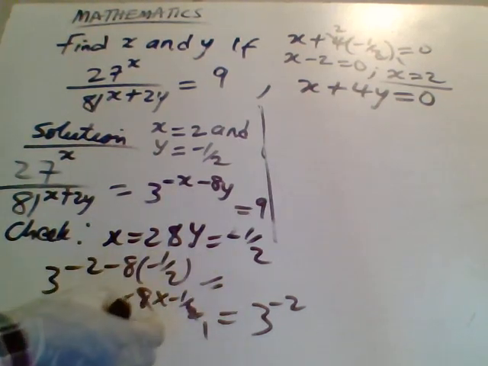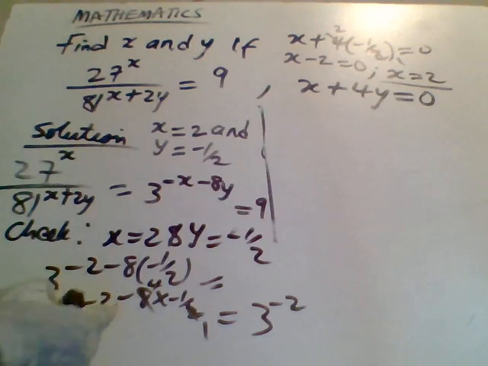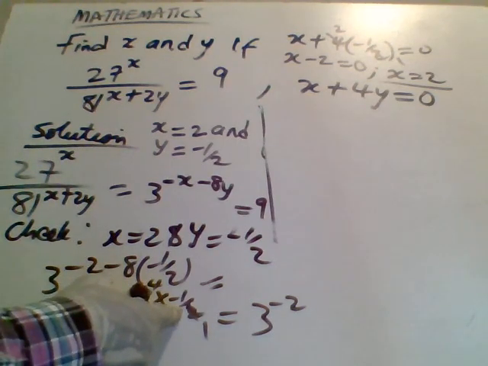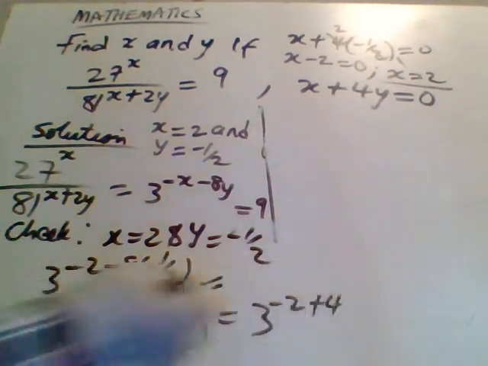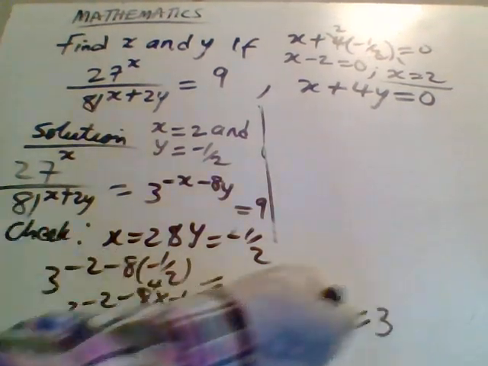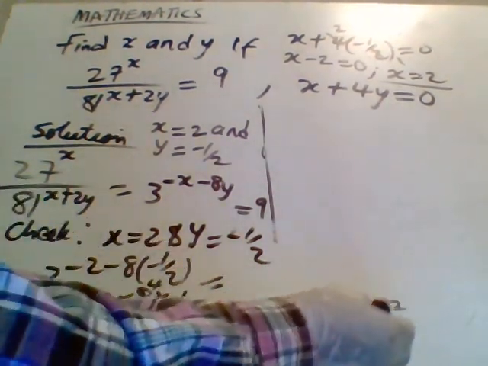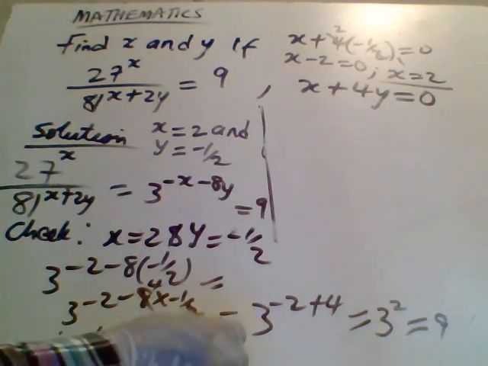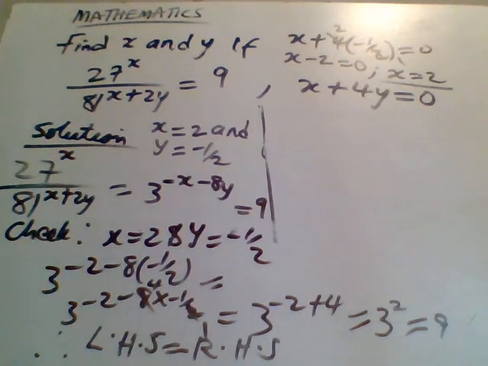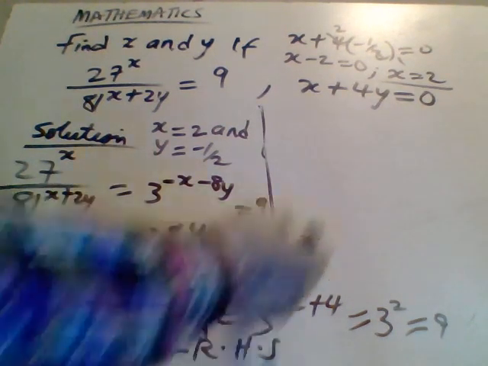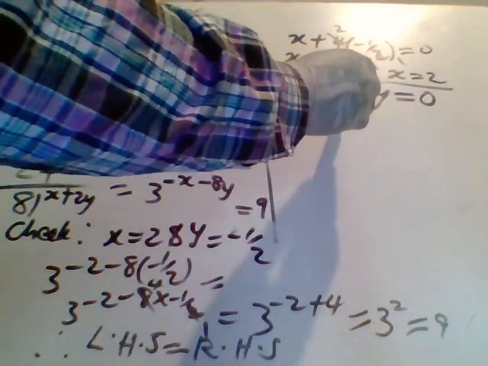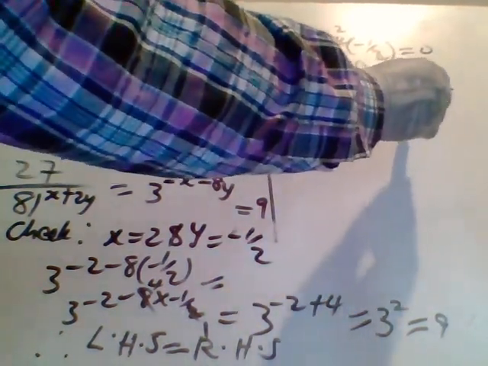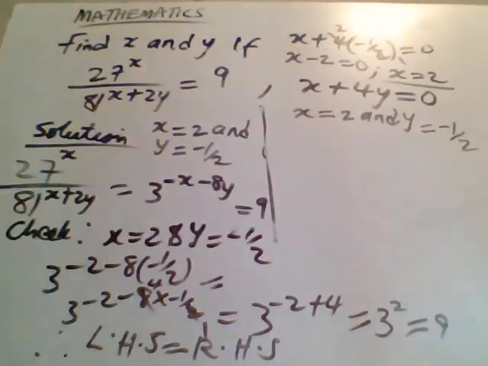Minus 2 can divide itself. 8 divided by 2 will give us 4. So minus 4 times minus 1 will give us plus 4. And from here we have 3 to the power minus 2 plus 4, which will give us 2. So 3 raised to the power 2 is 9, is it not? So it is equal to 9. Therefore, since the left hand side is equal to the right hand side, x is equal to 2 and y is equal to minus half.